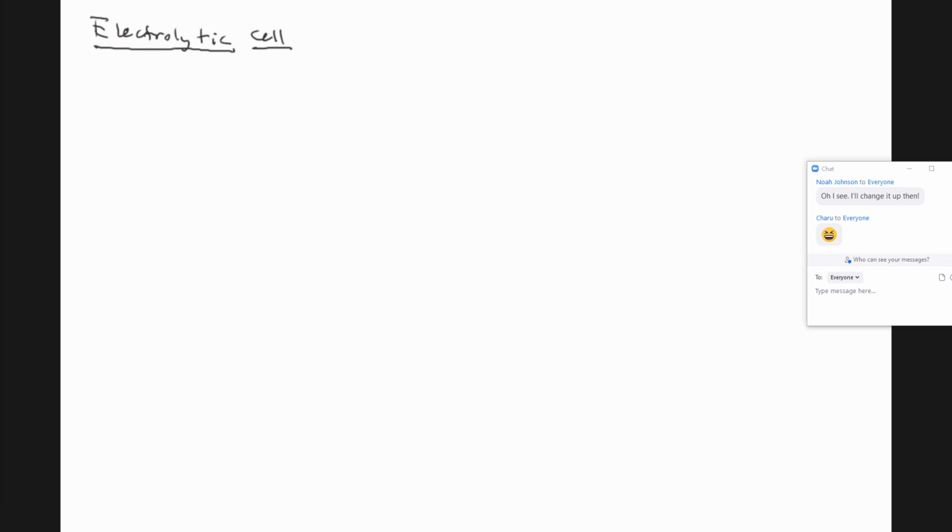Okay. So for the electrolytic cell, this is non-spontaneous. Delta G is greater than 0, right? So this is non-spontaneous, so not a favorable reaction. So it's not going to go, right? It doesn't want to discharge. And for the electrochemical cell, the voltage of the cell is a negative number. That's how you tell, right?